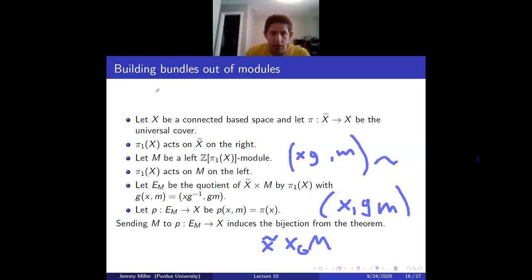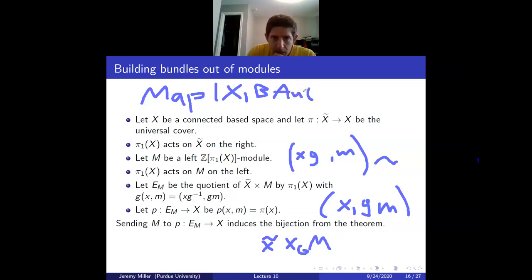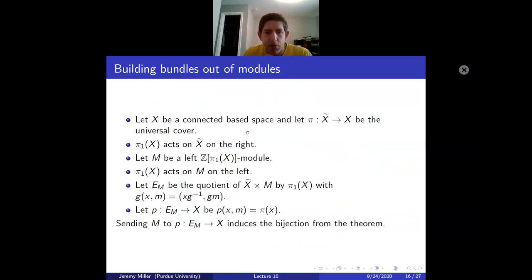I think you probably want to say maps from X into B. Oh, you're saying to use π_2 of X, or sorry, Z[π_2 of X]?